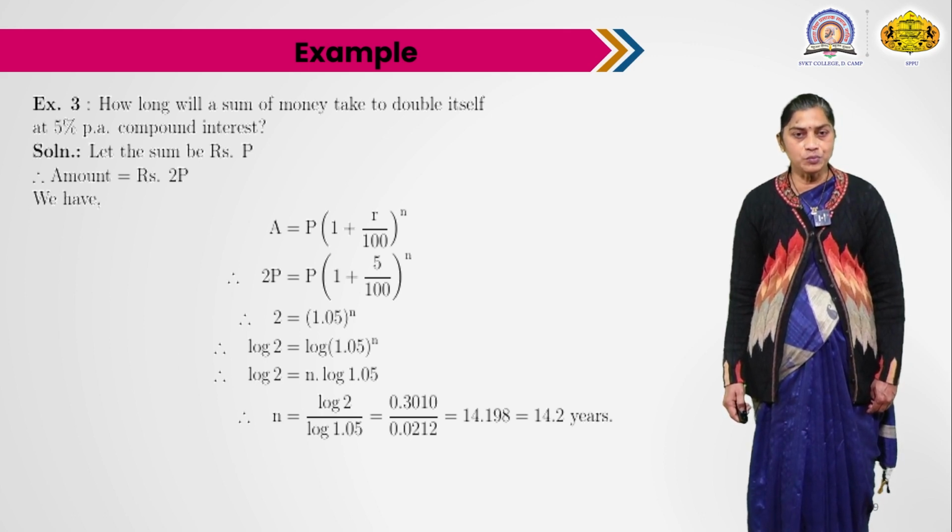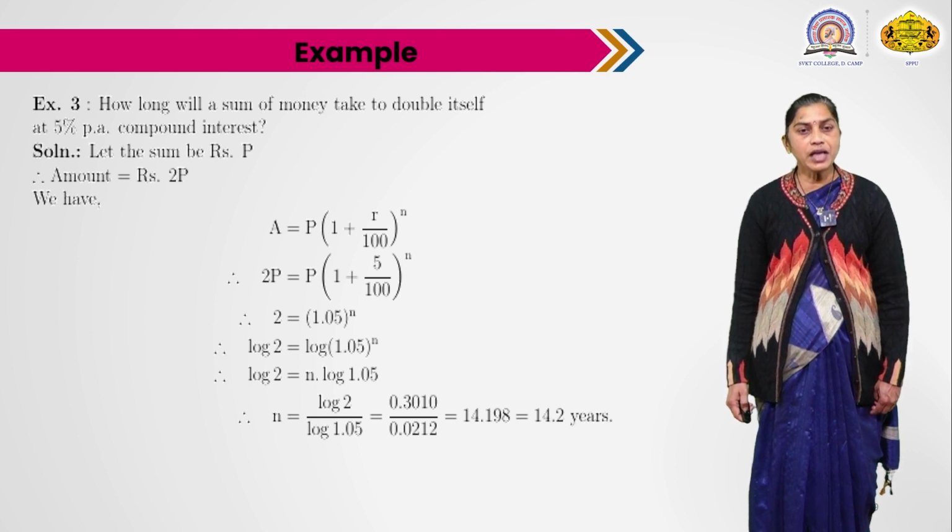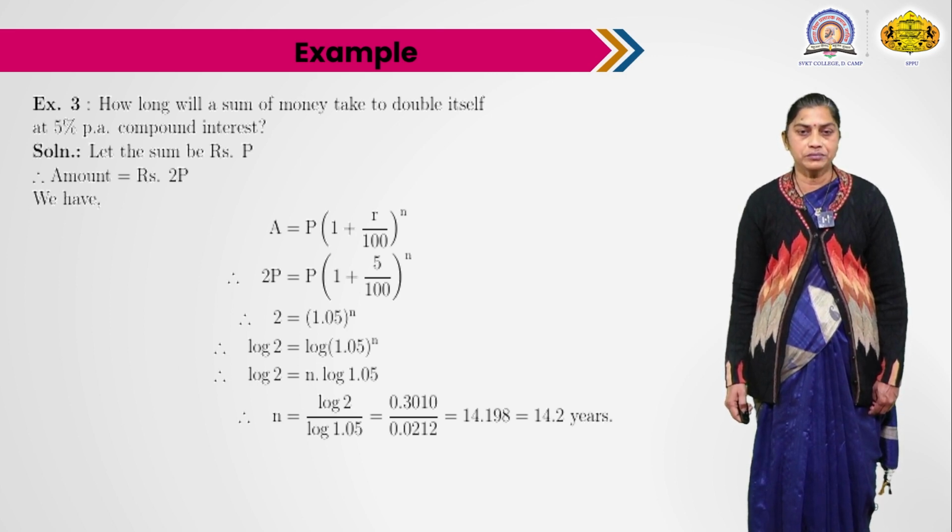So let us assume that the sum is rupees P, and therefore because the amount gets double of that, amount A comes to be 2P. Now use the formula A is equal to P into bracket 1 plus R by 100 bracket raised to n. Therefore, 2P is equal to P into bracket 1 plus 5 by 100 bracket raised to n.